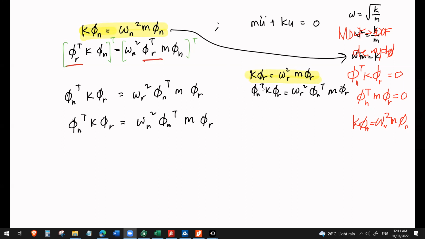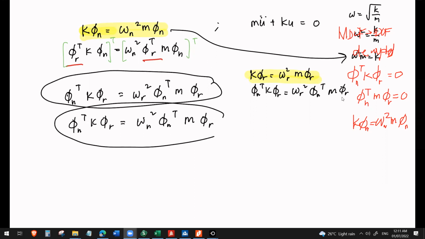this equation: phi n transpose k phi r equals omega r square phi n transpose m phi r. Which is this one. Now, ito, this one naman, we establish from here, came from here.